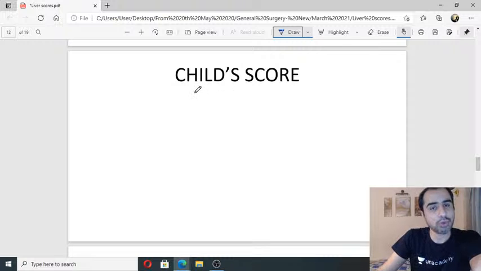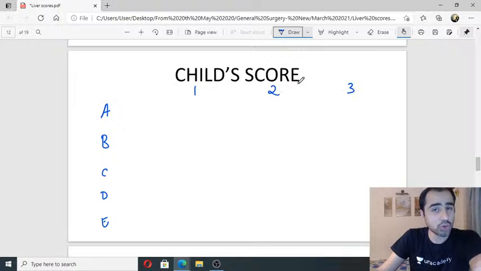And each component, now you make the table the way I am making to help you remember. From up to down you write A, B, C, D and E, and on the row you write 1 point, 2 points, 3 points.